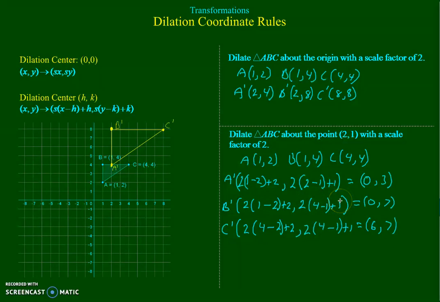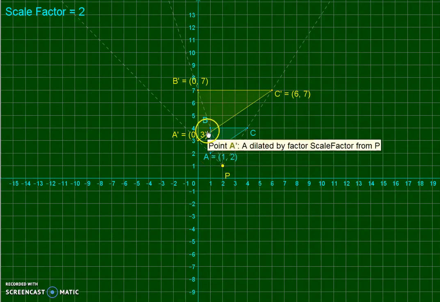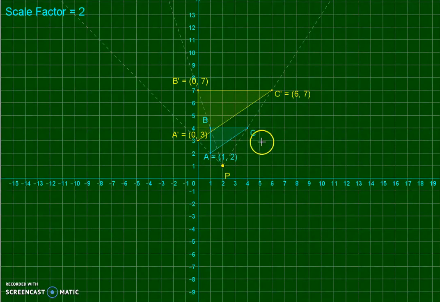And just to verify that our calculations are correct, let's move over to our geometry software and verify that this is in fact the dilation. So here we have our original figure at (1, 2), (1, 4), and (4, 4). We have a center of dilation of (2, 1) and a scale factor of 2.